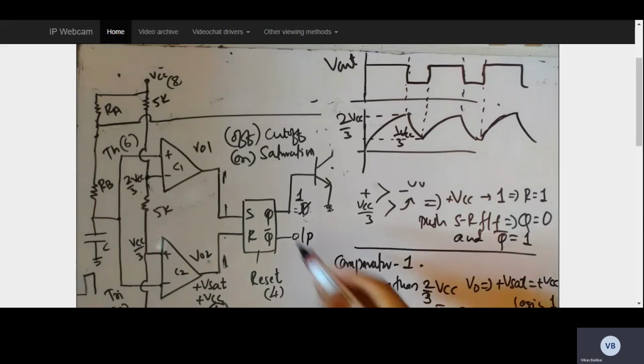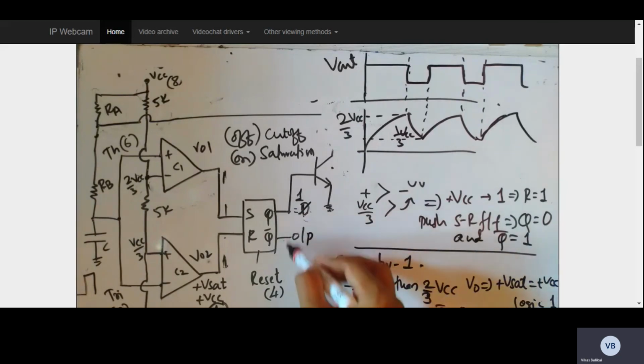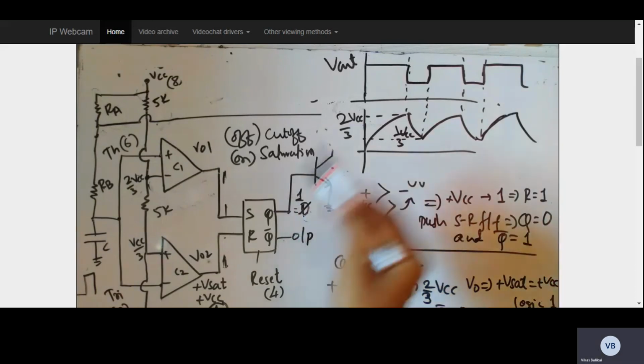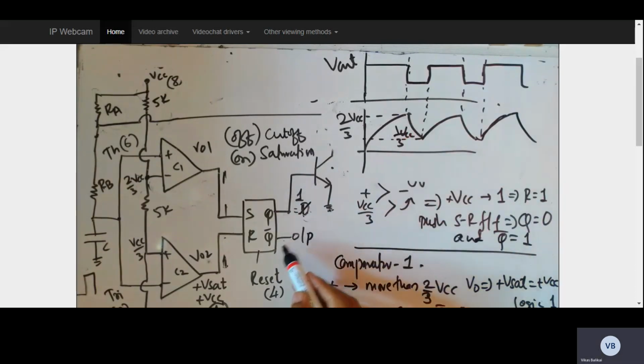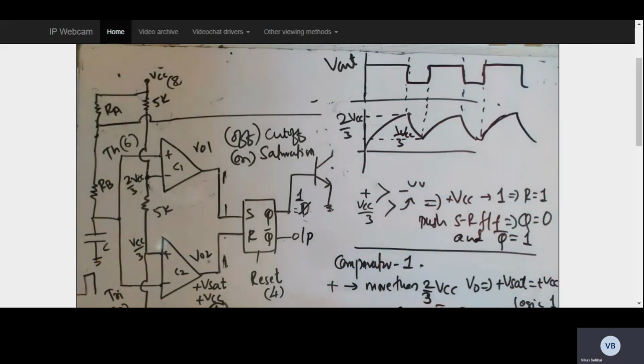I can consider either Q or Q bar as my outcomes, because Q and Q bar are complemented values. If I draw the waveforms in terms of Q, this will be the value. If I draw the waveforms in terms of Q bar, my output will be exactly the opposite, because Q and Q bar act as complements of each other, since it's a flip-flop.